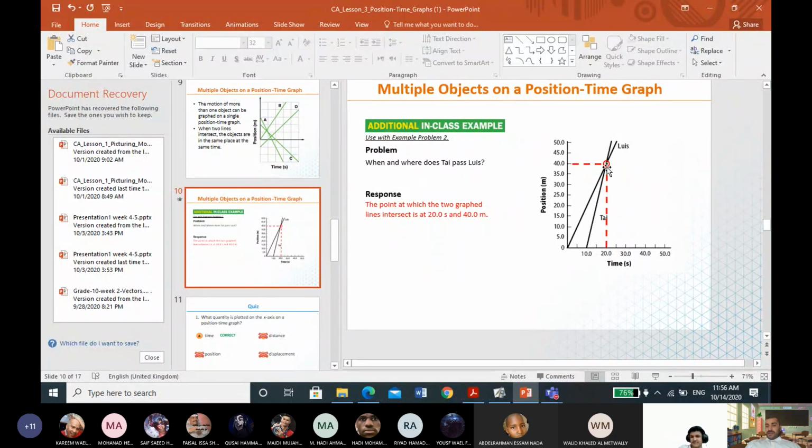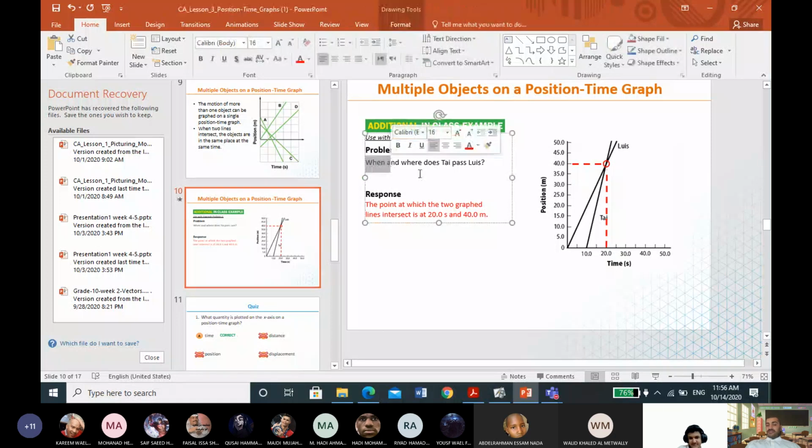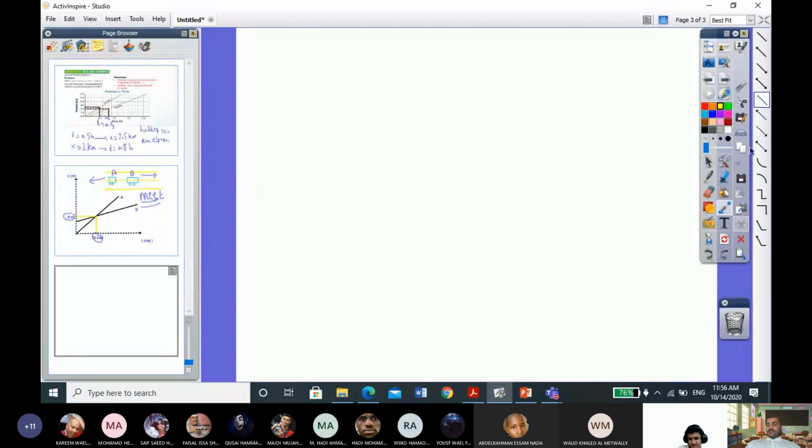Here is the intersection between the two lines. You can see it. I will get this point. It will be at 20 seconds and 40 meters. Excellent.